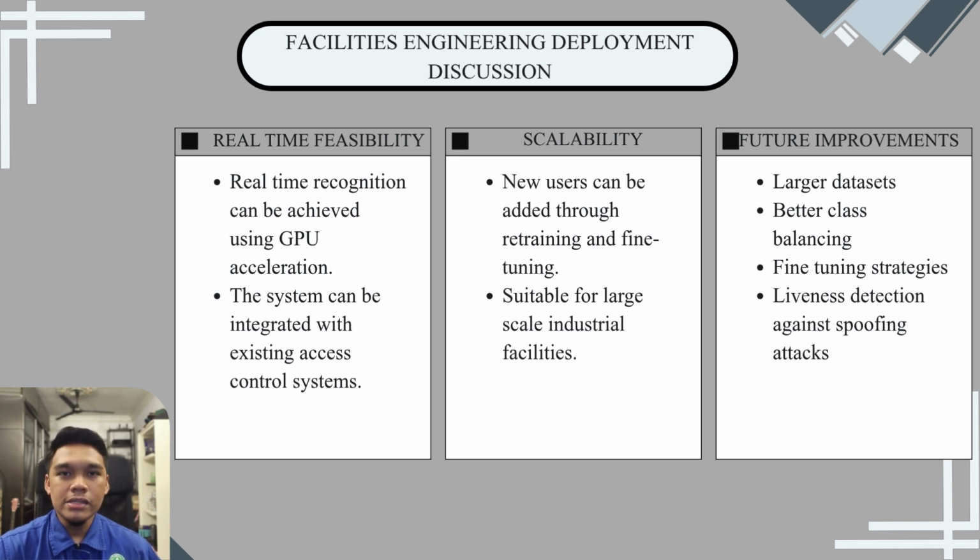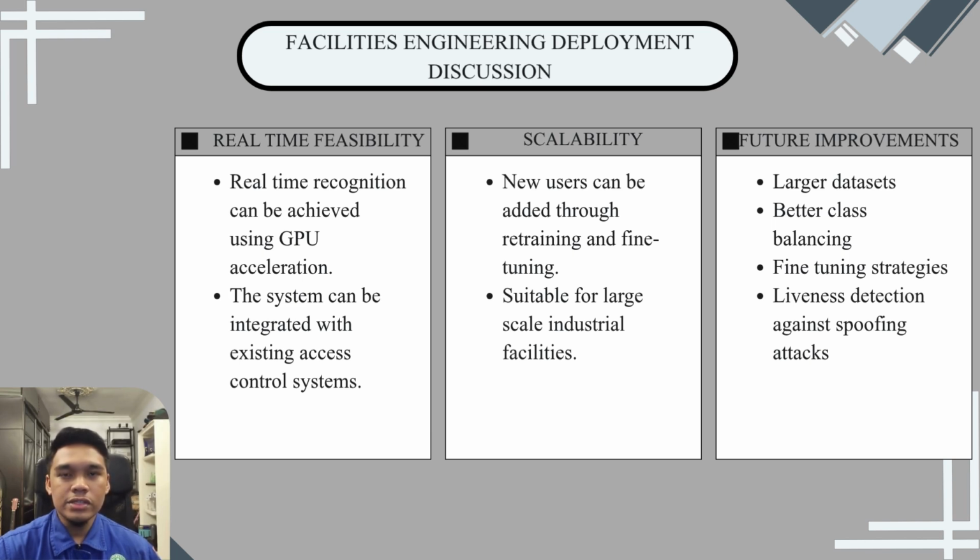Secondly, regarding scalability, the system can easily accommodate a larger number of users. New personnel can be added by retraining and fine-tuning the model with additional facial images. Therefore, the proposed approach is suitable for large-scale industrial facilities with expanding workforces.